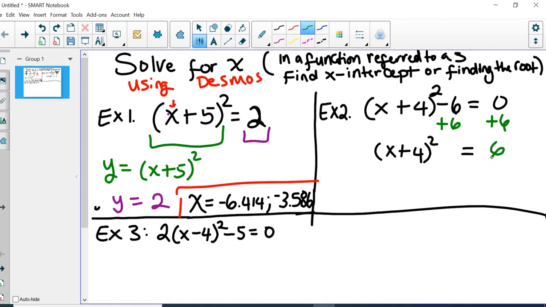Alright. Now I can go ahead and graph my function. I'll type in Desmos y = (x + 4)². That's my first function. And my second function, y = 6. Find out what my intersection is, and that should give me my answer for x.